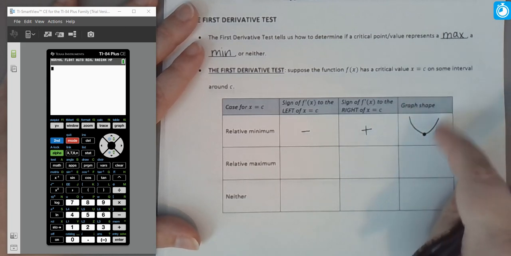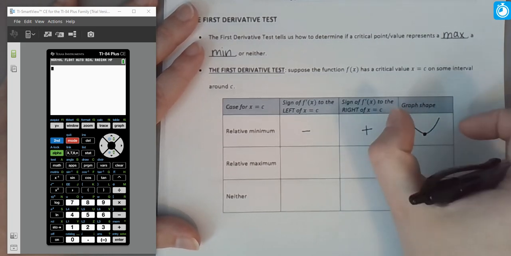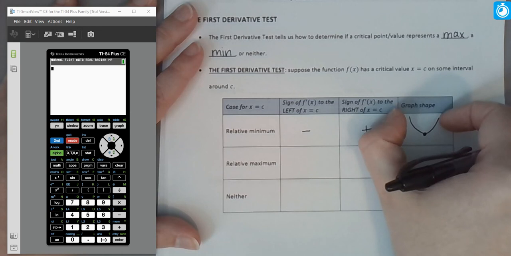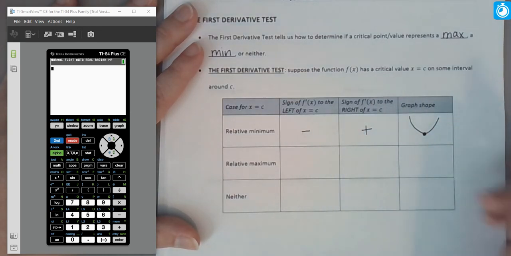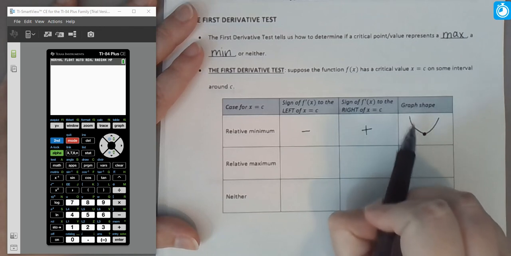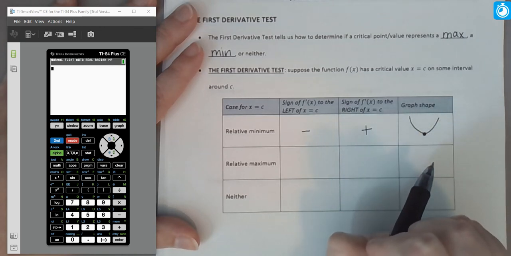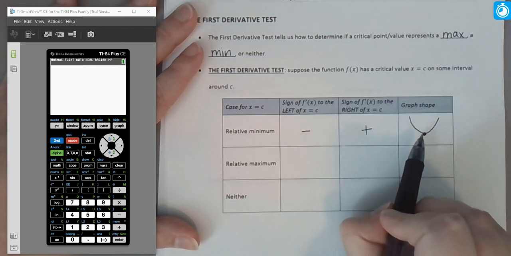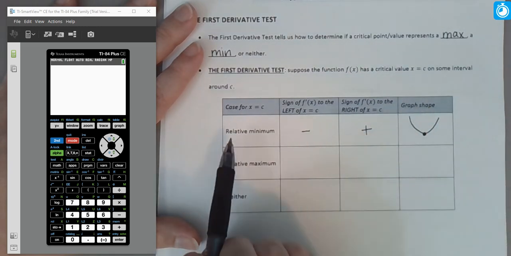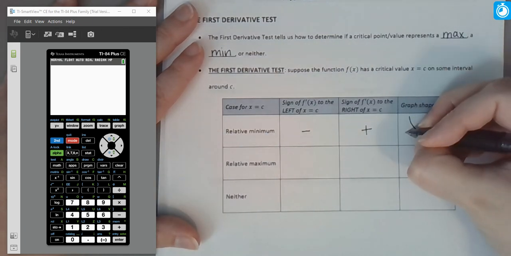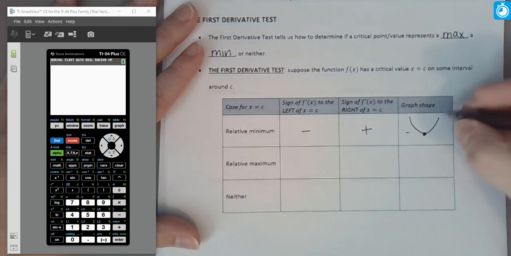So this is essentially what's going on with the graph within this interval centered around this particular point at x equals c. Based on how the graph would be shaped in relation to this point, this would be the lowest point within that interval, so it represents a relative minimum. So: negative derivative on the left, and positive derivative on the right.